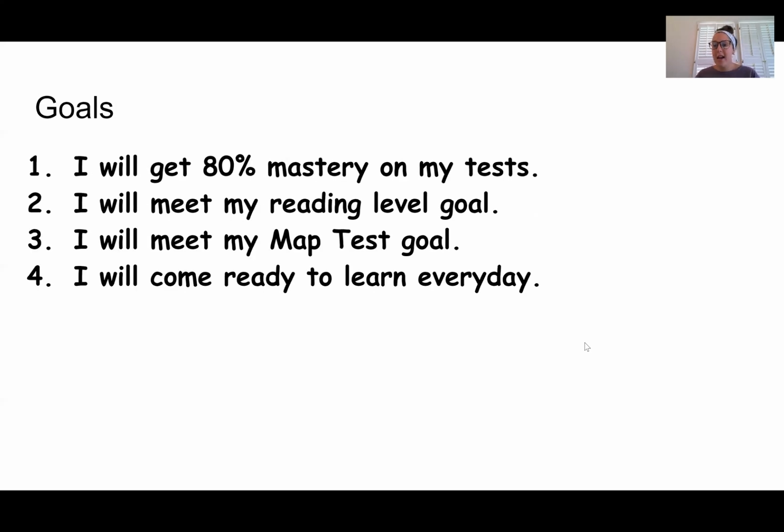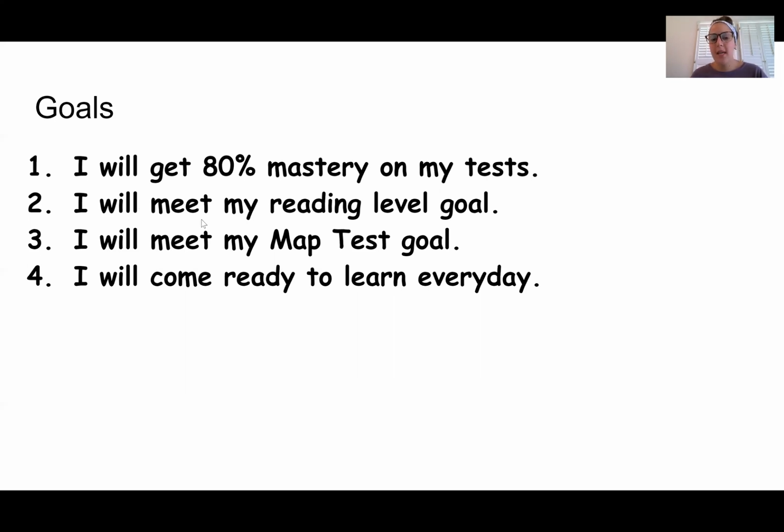All right, and finally our goals. Remember, we have 4 big goals. How many goals do we have? Very good, everyone, show me 4. Awesome. Let's read our goals. We're going to read them in a whisper voice today. Repeat after me. I will get 80% mastery on my test.